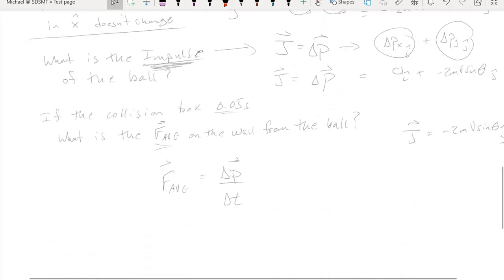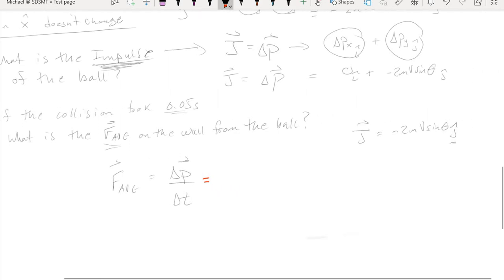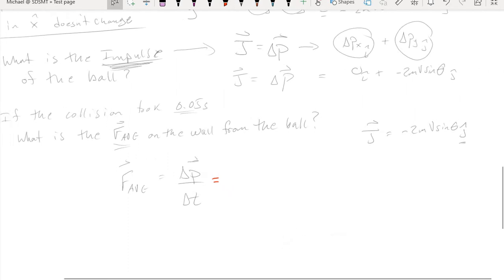So how much force do we have? Well, here's the equation. The average amount of force involved is going to equal the change in momentum over the time. The change in momentum is right there. We're calling it the impulse. We have negative 2mv sine theta all over the time interval of 0.05 seconds.